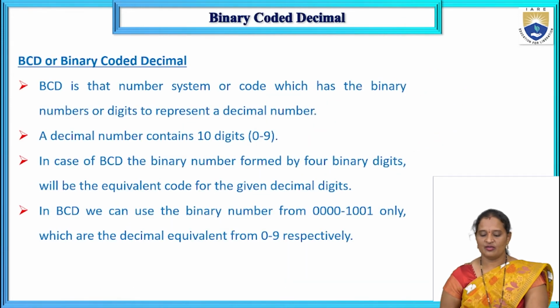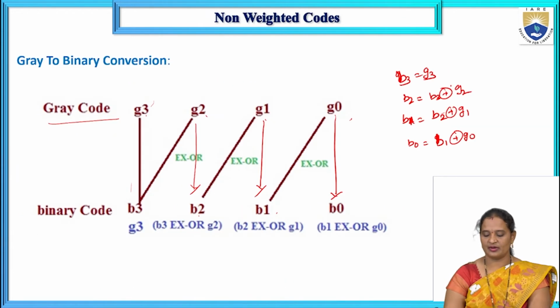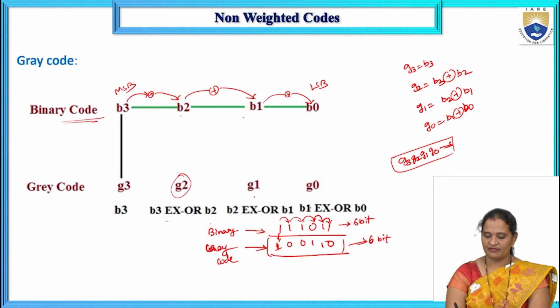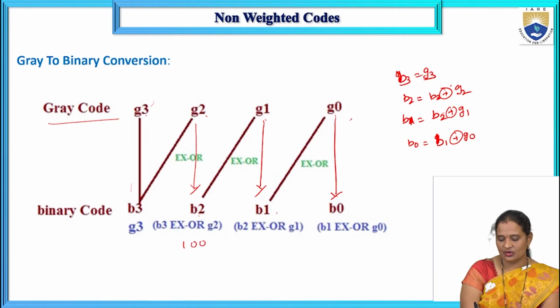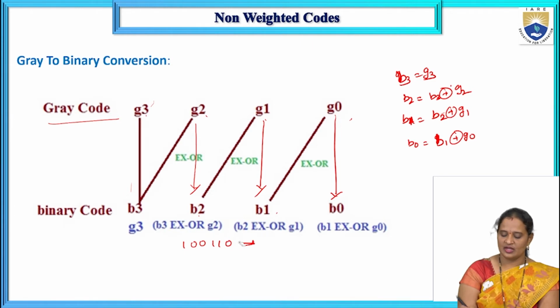So similarly, for example, we have a gray code 1 0 1 0 0 1 1 0 0 1 0 0 1 1 0. So this is my gray code. Now I want to find out the binary code for this one. MSB is the same.